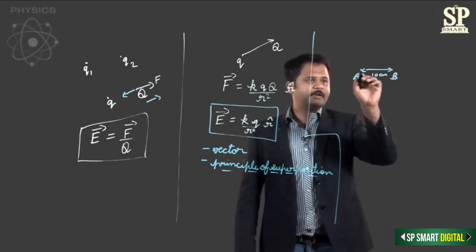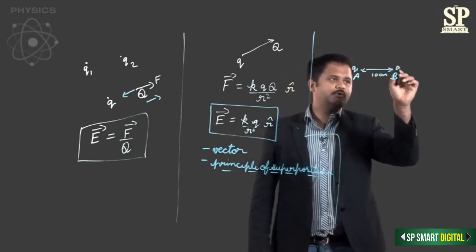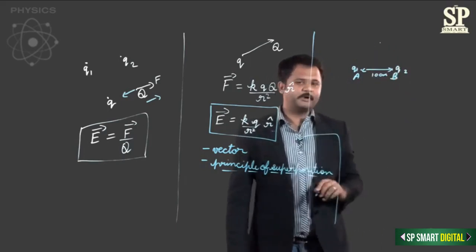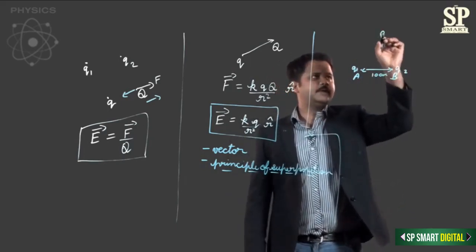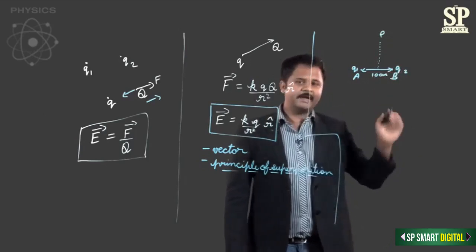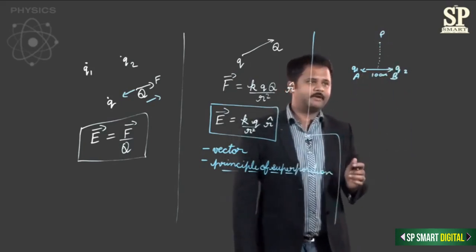Let's say this particular point has a charge q1 and this point has a charge q2, and now I'll consider this particular point, let's call it P, such that P lies in the perpendicular direction of the line joining A and B, and at this point we have to find out the electric field.